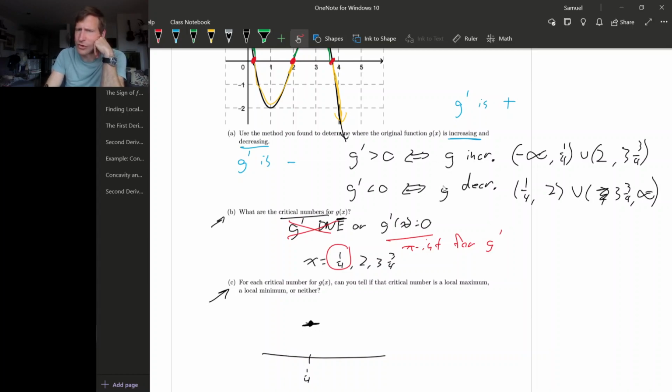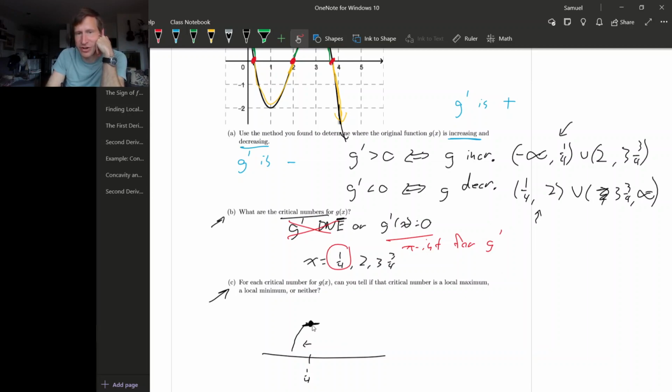Okay, but also we know immediately to the left of 1 over 4, the graph is increasing. So that means immediately on this side of 1 over 4, the graph is going up as we move rightwards. So it's like this. And immediately to the right of 1 over 4, the graph is decreasing.